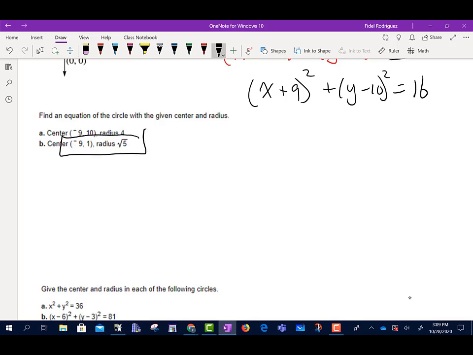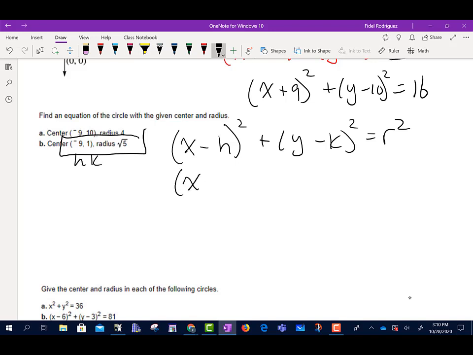Here we go. First thing I'll do is write down my formula: (x minus h) squared plus (y minus k) squared equals r squared. Here's my h and here's my k. So (x minus negative 9) squared plus (y minus 1) squared equals the square root of 5, squared.